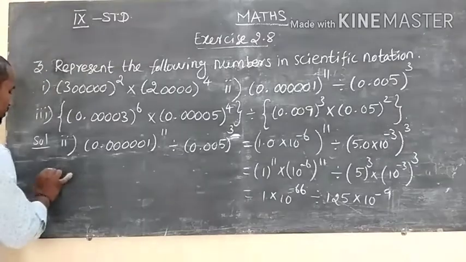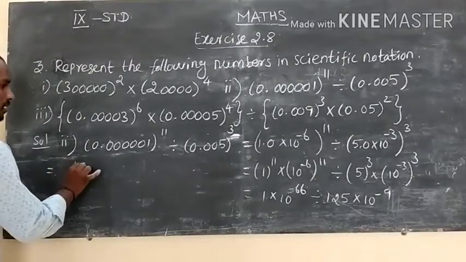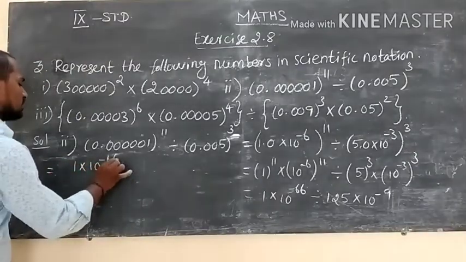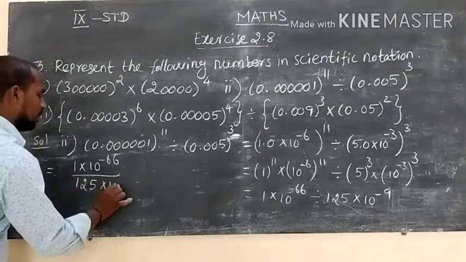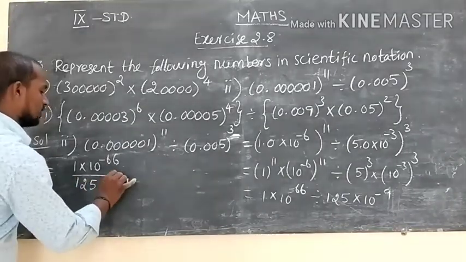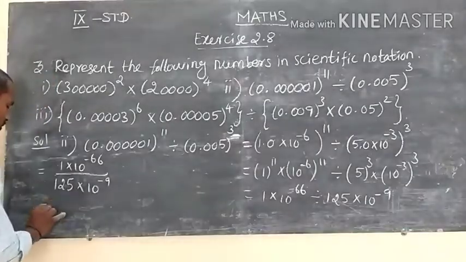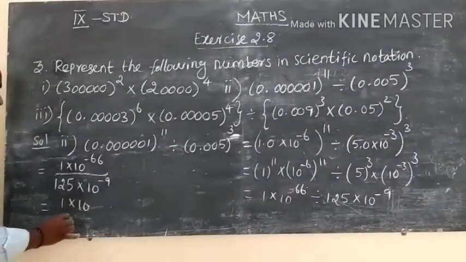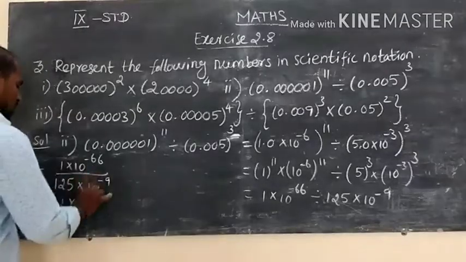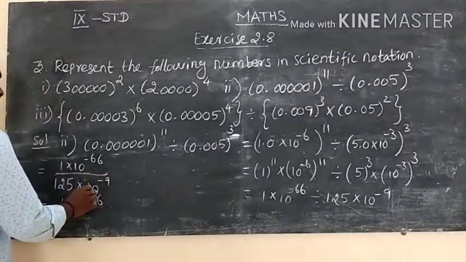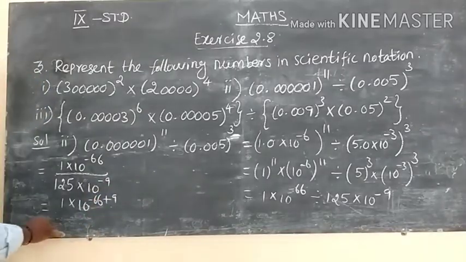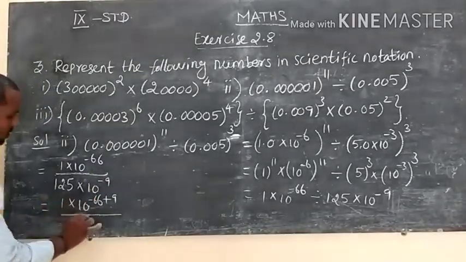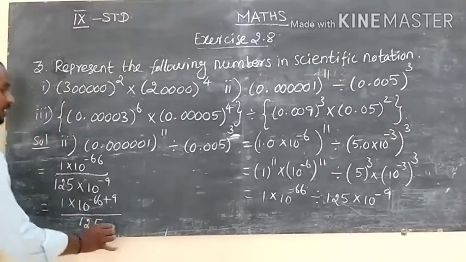Here I write the continuation. So 1 into 10 power minus 66 divided by 125 into 10 power minus 9, which is equal to 1 into 10 power minus 66, making the transformation, we get plus 9, whole divided by 125.